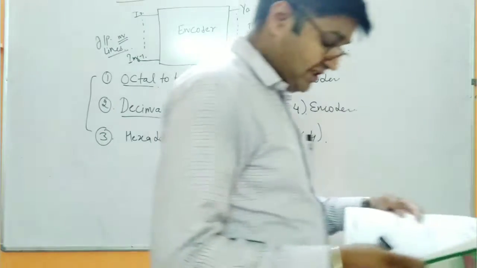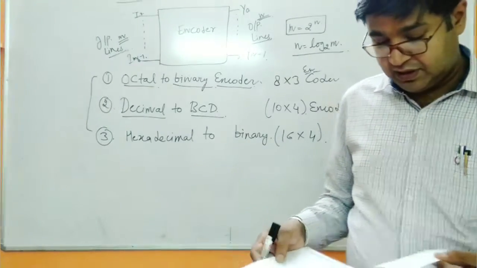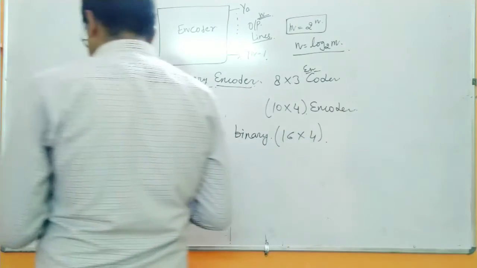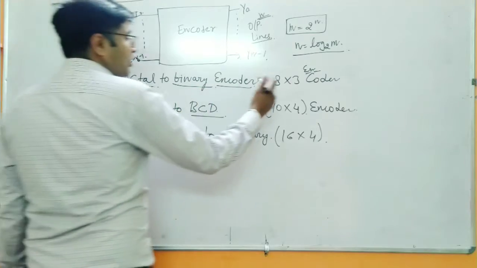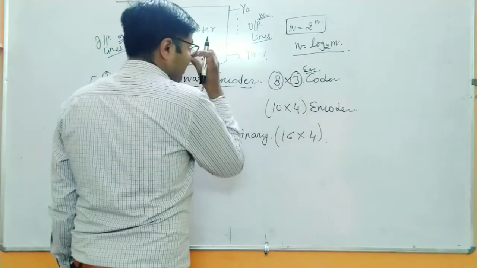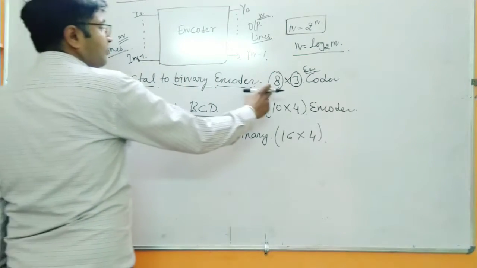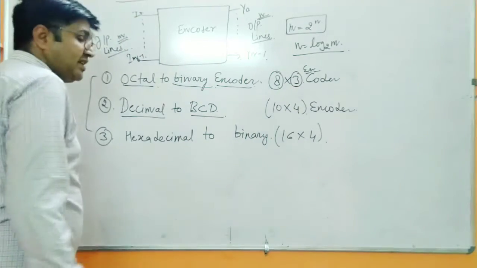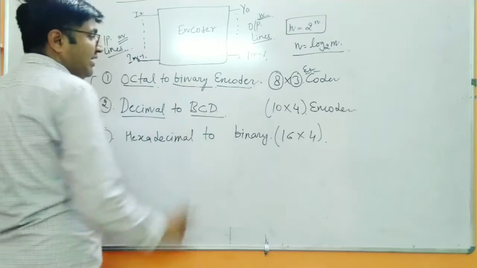We will talk about these encoders one by one, the most important ones. The first one is octal to binary, as its name suggests. The number of input lines is 8 and output lines is 3, so it converts the octal number to a binary number.